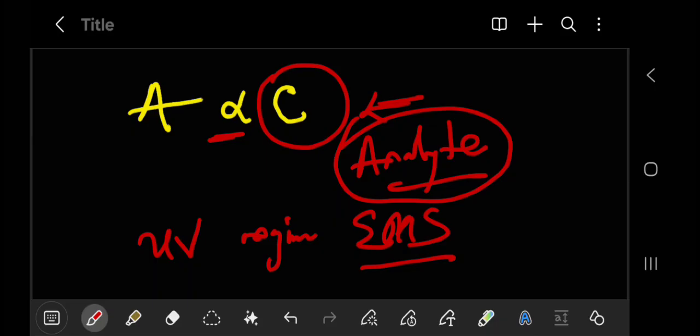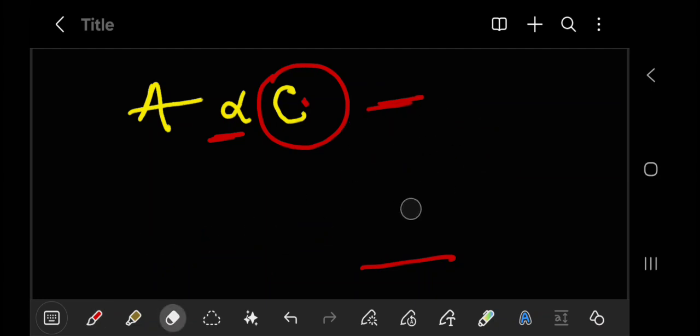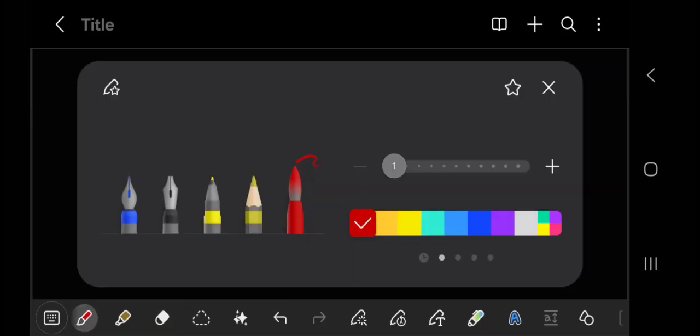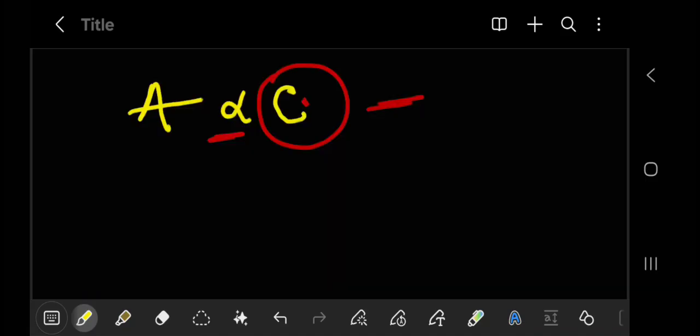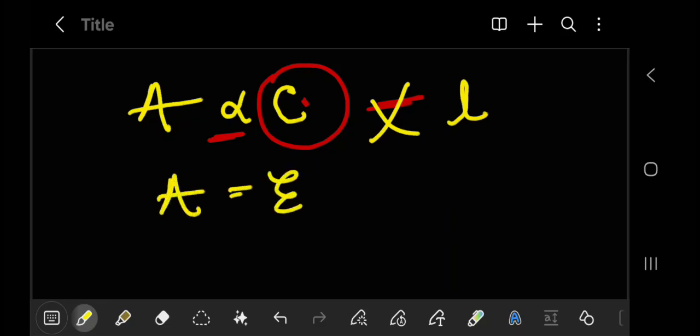And it is not only applicable to the concentration of the components of the solution, it is also directly proportional to what we term the path length L. So in a nutshell, A is equal to epsilon C L. The path length is the distance traveled by the light, that's UV light, through the sample.